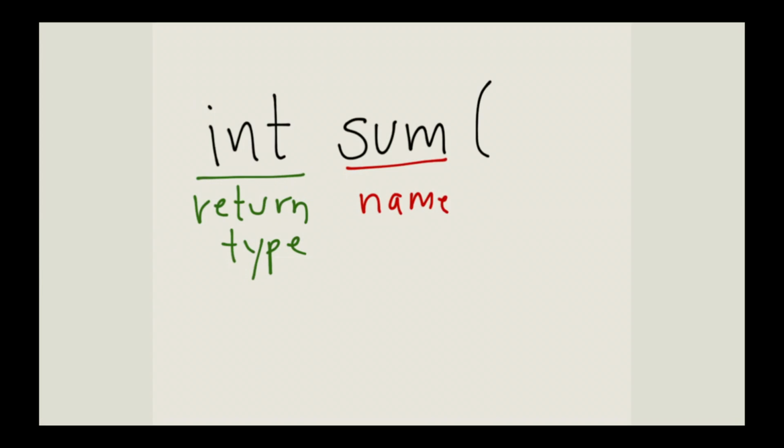And then in between parentheses is where I give the arguments, often abbreviated as args, sometimes called params for parameters. And if you have 1, you just specify the 1. If you have multiple, you separate each one with a comma.